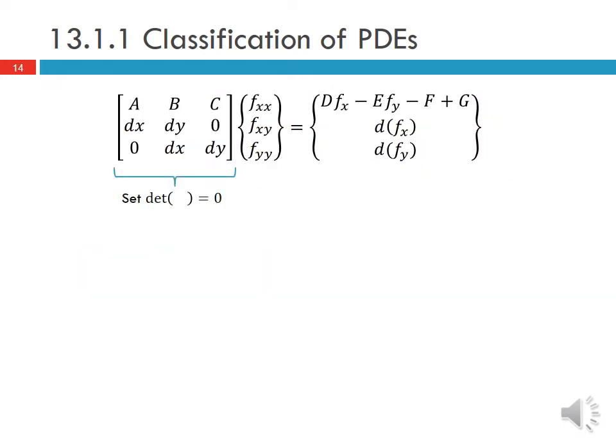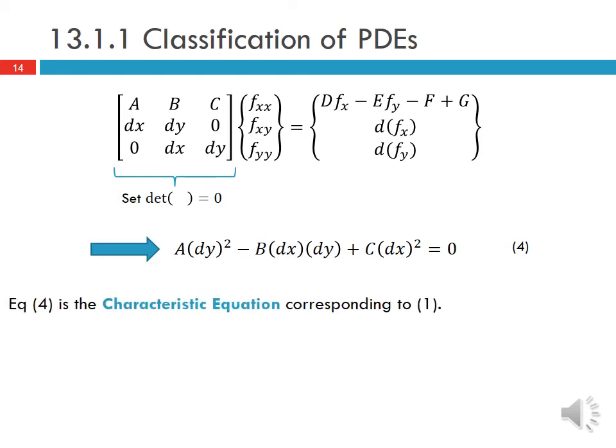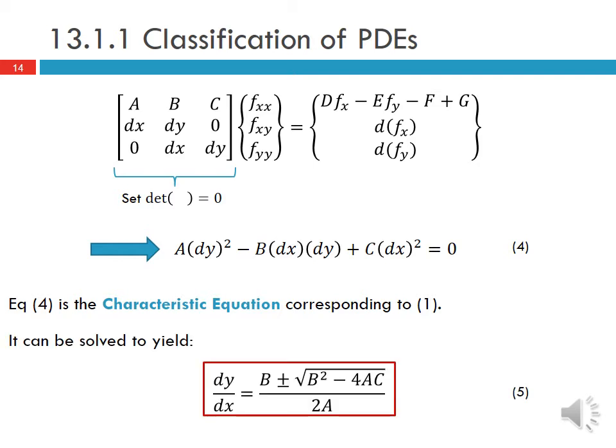Now we can set the determinant of this matrix to 0, and we get the equation shown here. So this is the characteristic equation corresponding to our differential equation, which we called 1. And it can be solved to yield dy by dx is equal to b plus or minus the square root of b squared minus 4ac, all divided by 2a.